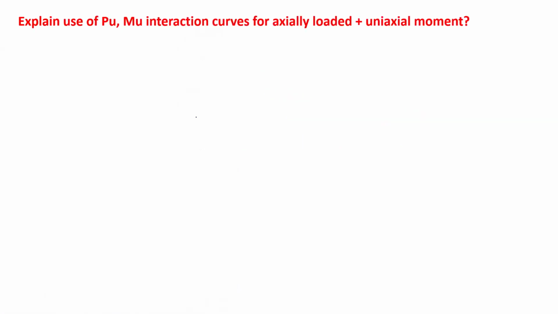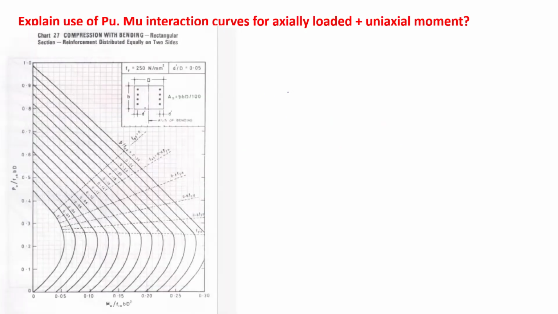Then we have explained the use of PU-MU interaction curves for axially loaded plus uniaxial moment. In this, we have three values. One is PU upon fck bd. Then we have MU upon fck bd square. And third, we have P by fck.